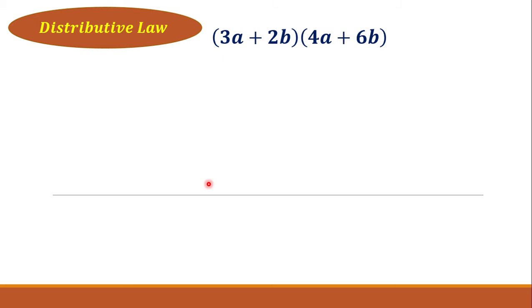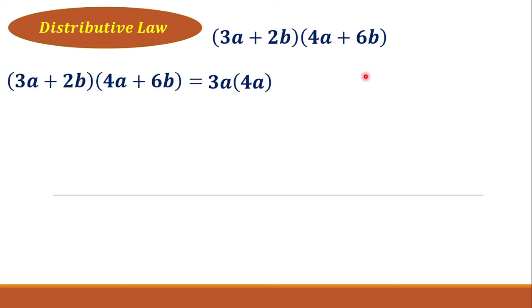Okay, another one. Check tayo. So, paano naman to? 3A plus 2B times 4A plus 6B. Yung kanina diniscuss natin. So, 3A multiplied by 4A. Next, 3A multiplied by 6B.